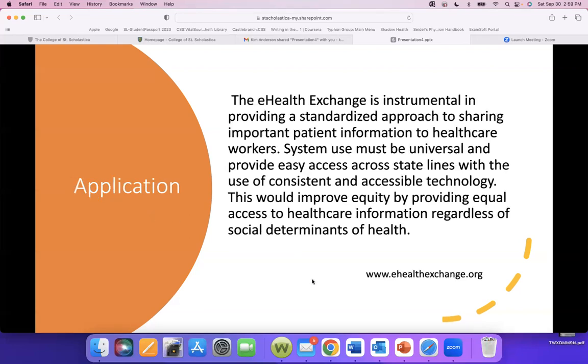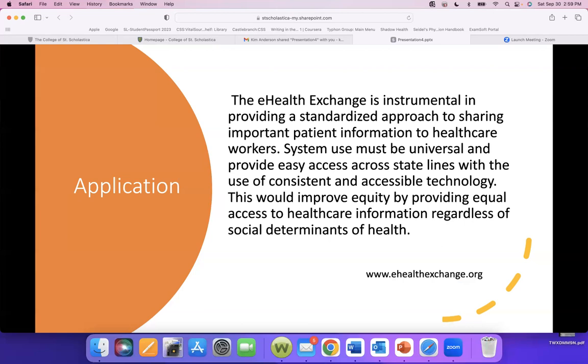The eHealth Exchange is instrumental in providing a standardized approach to sharing important patient information to healthcare workers. That is why it is very important that we adopt a state exchange so we can improve on patient care and patient outcomes. As a part of this, it really needs to include quality measure reporting.